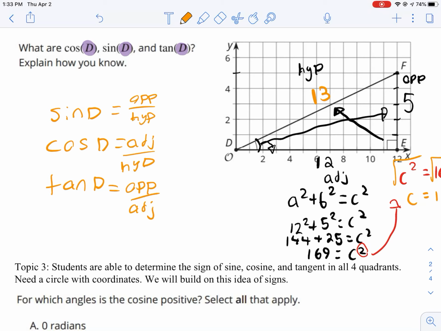All we have to do is plug in and reduce if we're able to. For the first one, we have 5 over 13. The next one, we have 12 over 13, adjacent over hypotenuse. And then we have opposite over adjacent, so 5 over 12 for our last one.